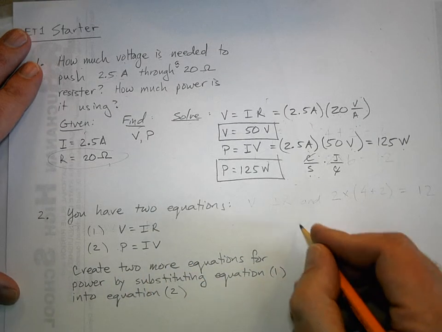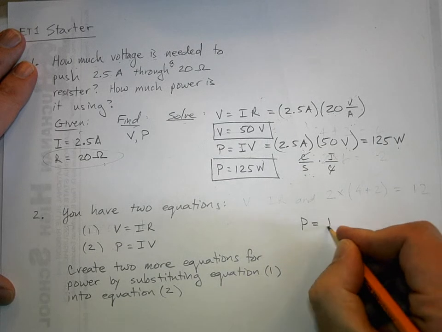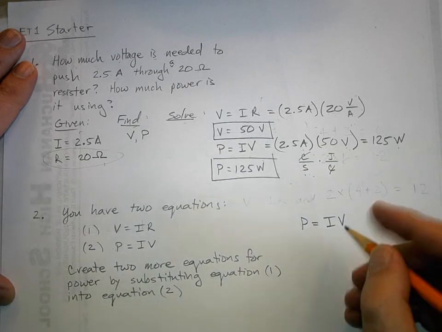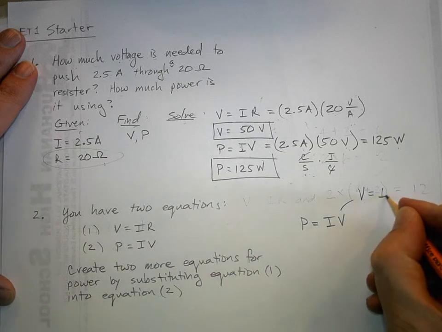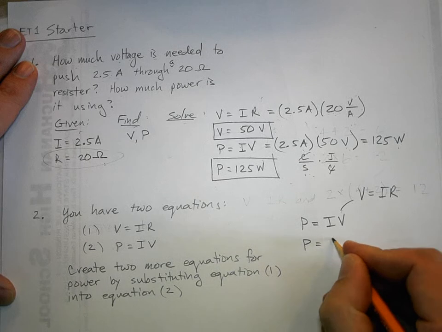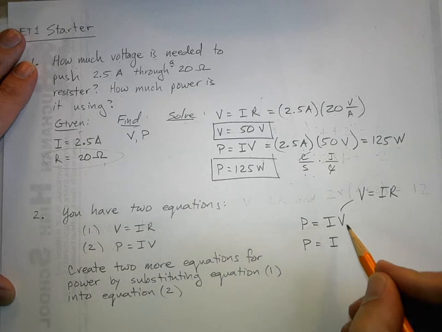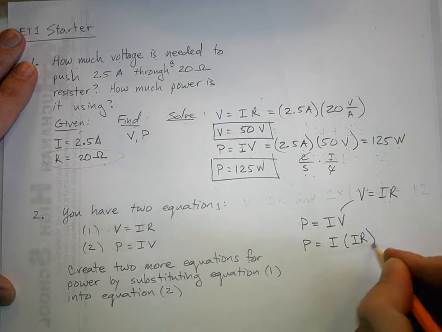See, power equals current times voltage. But we know that voltage is equal to current times resistance. So what I can do is, in its place, I know that voltage is equal to current times resistance.